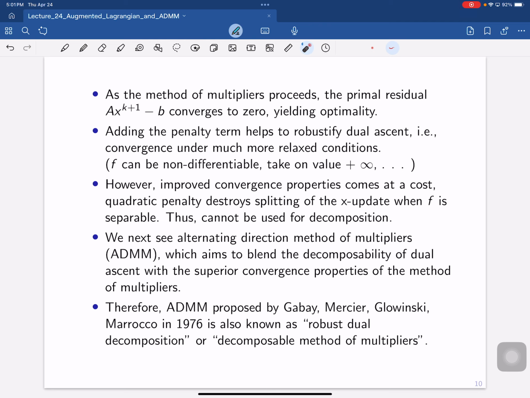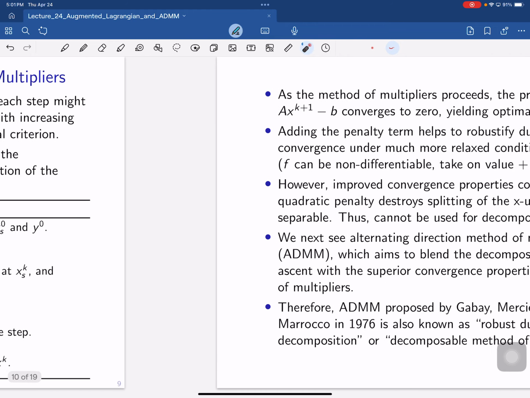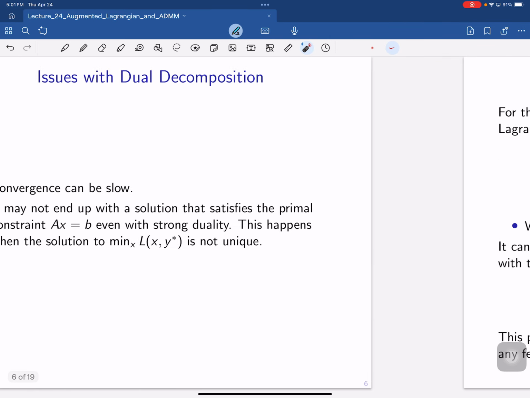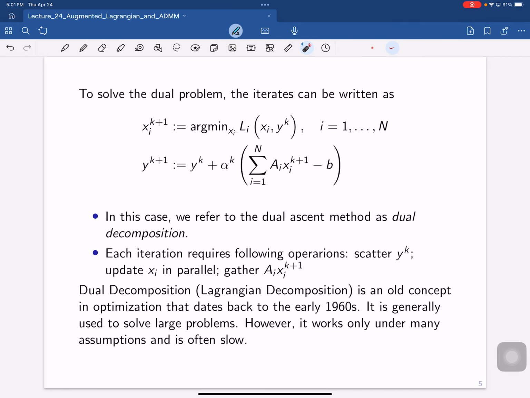But one downside of this approach is that this penalty term will destroy the decomposable structure of the problem. Remember if we have this decomposable problem, once you dualize this complicating constraint, the problem can be decomposed.